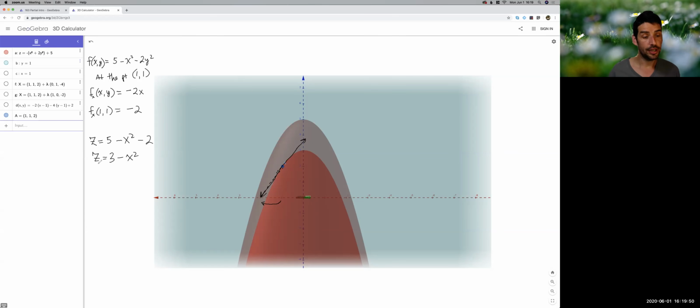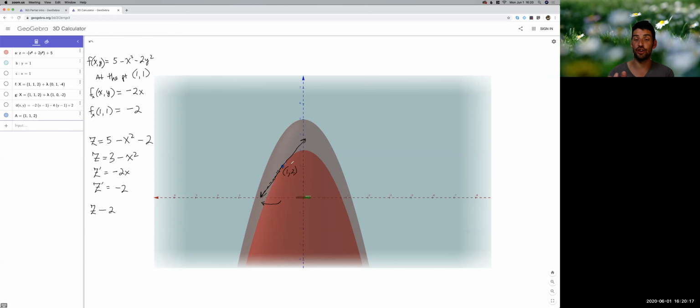We know the derivative, we just computed it, is -2x. At this point, I could compute the tangent line. If I was only living in this plane where z is my output variable, I would have z minus 2, right? This is the point. Remember, I'm ignoring the y value right now.